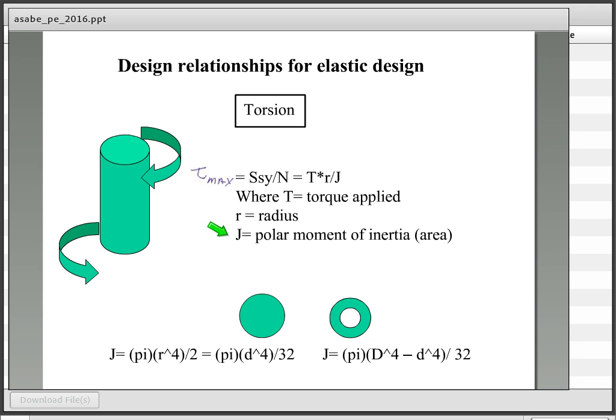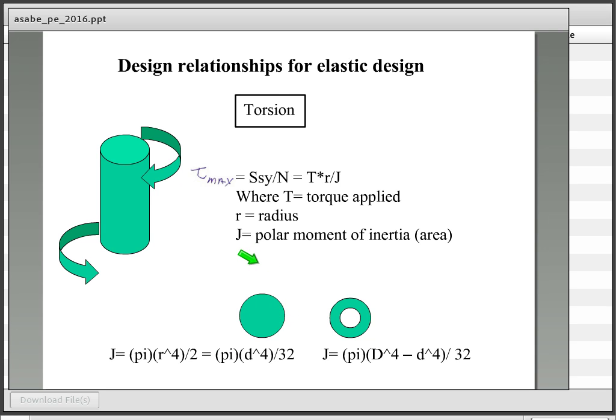If we look at the equations for that, we'll see that it is pi d to the fourth over 32. Basically, it's twice the area moment of inertia about an axis through the cross section.